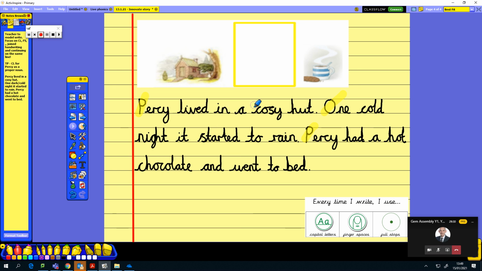Can you put your finger between each of my words? If you can, then it means I have used finger spaces correctly. Secondly, have I used full stops correctly? Yes.